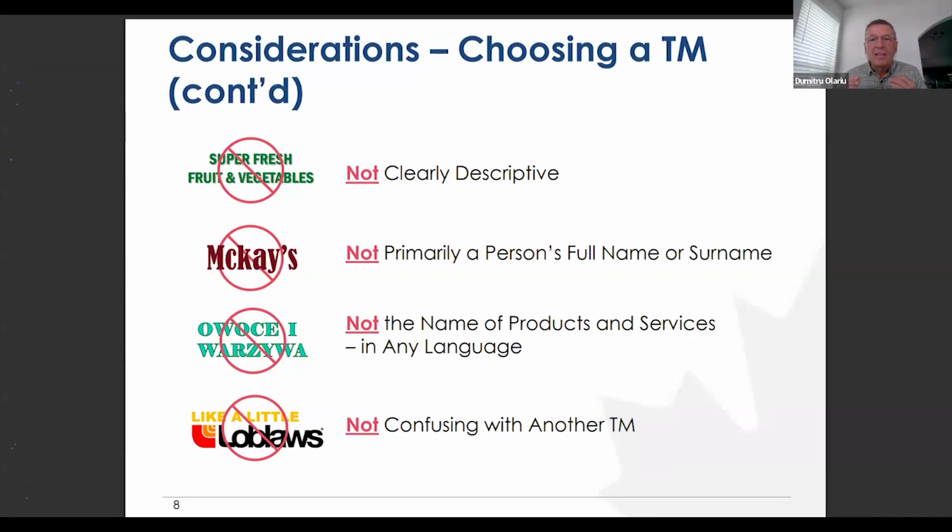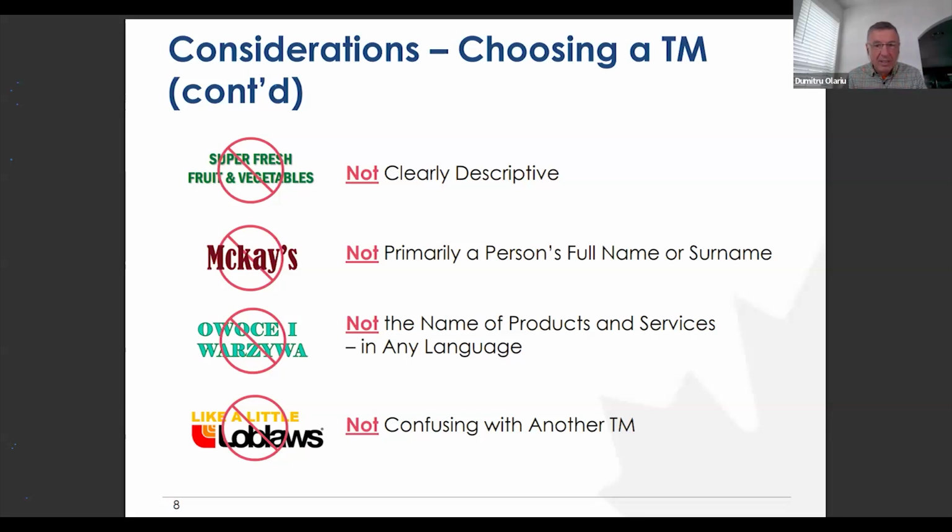It cannot be a person's full name or surname. However, we've seen in the previous slides the name of Tim Hortons. So yes, a person's full name and surname might be used, but under certain conditions.